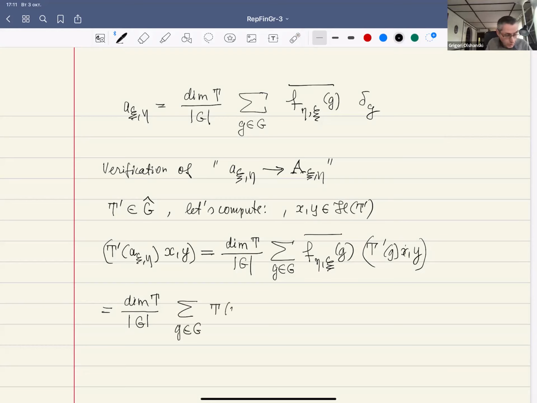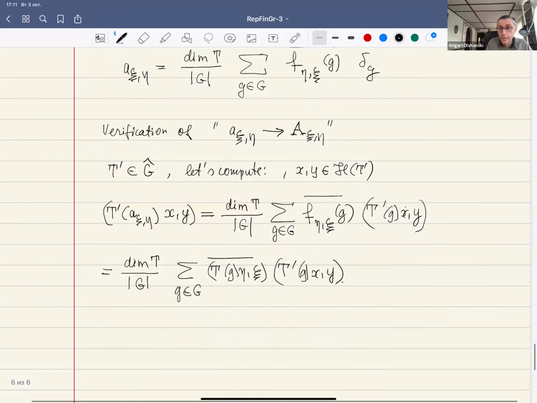T of G eta xi and T prime of G x y. And what do we have? Now we can apply the orthogonality relation.